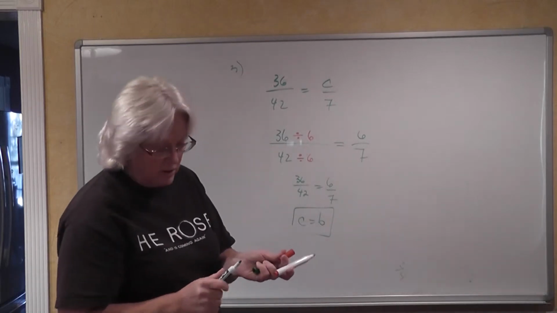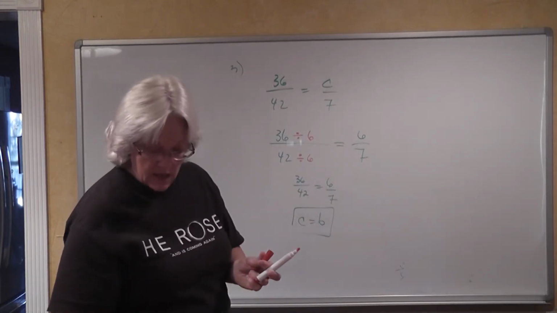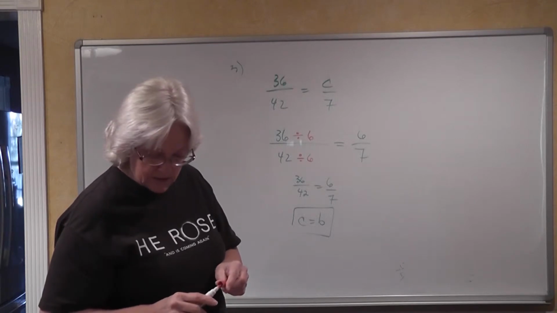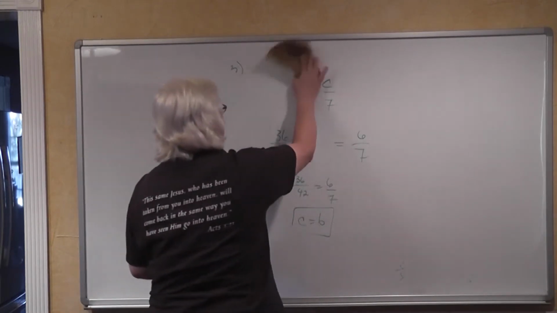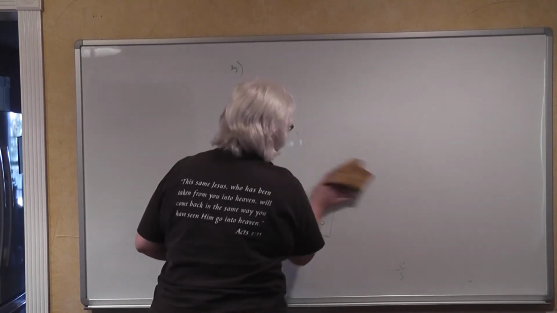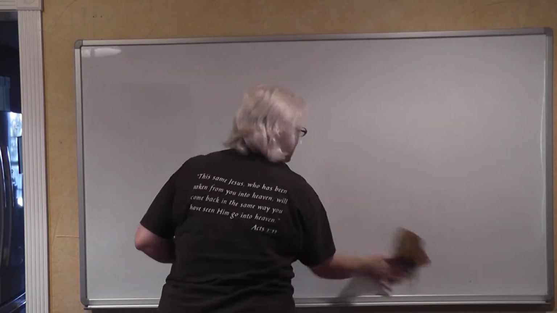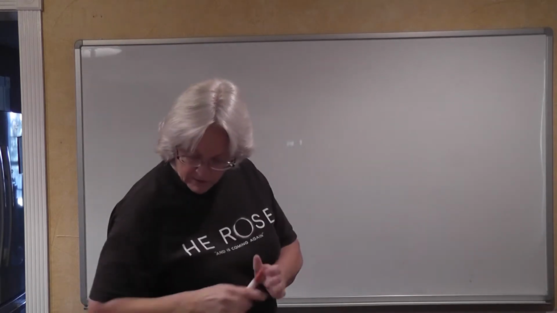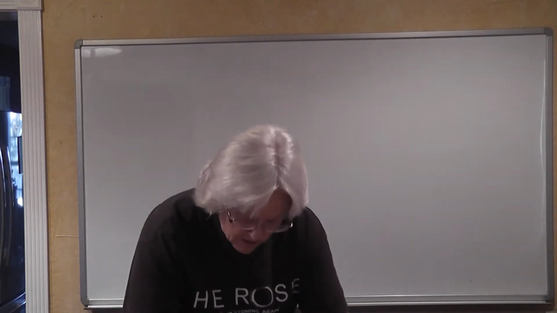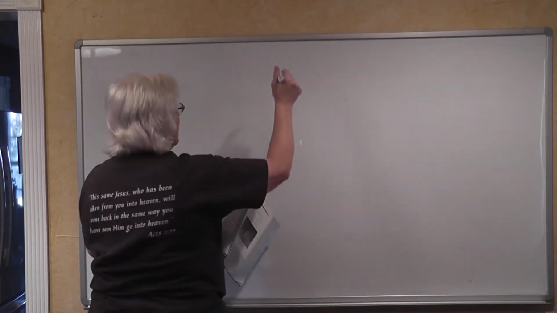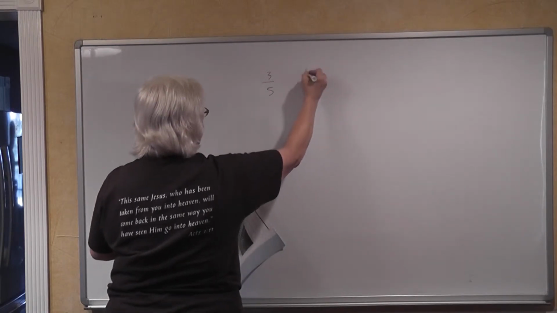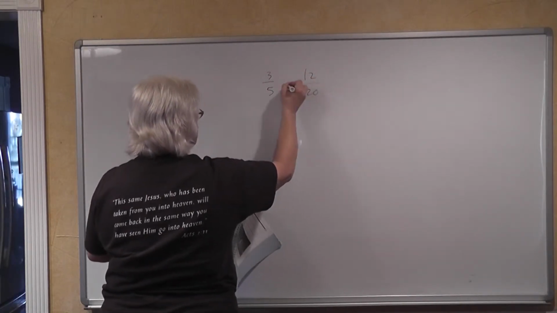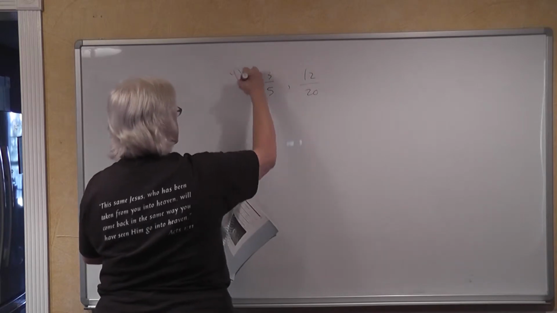Now the next part of our skill check says, let's use cross products to decide which pairs of fractions are equivalent. And we're going to write yes or no for each pair of fractions. Either yes, the 2 fractions are equivalent, or no, they are not equivalent. So we have 3/5 and 12/20. This is our first pair of fractions, that's number 4.